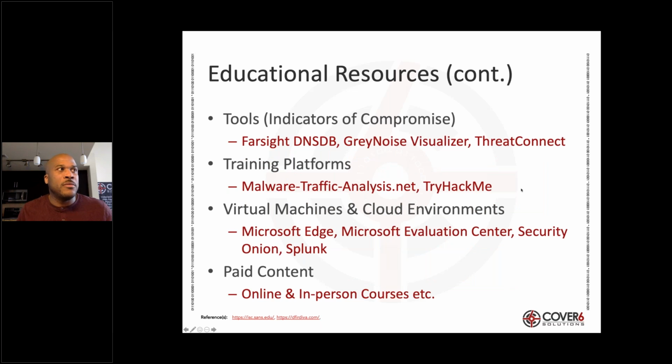We'll keep going, learning about different tools. All these are free. The DNSDB app allows you to search passive DNS records, so you'll know things like what IP a domain resolved to, and vice versa. What are the subdomains that are part of this top level domain?